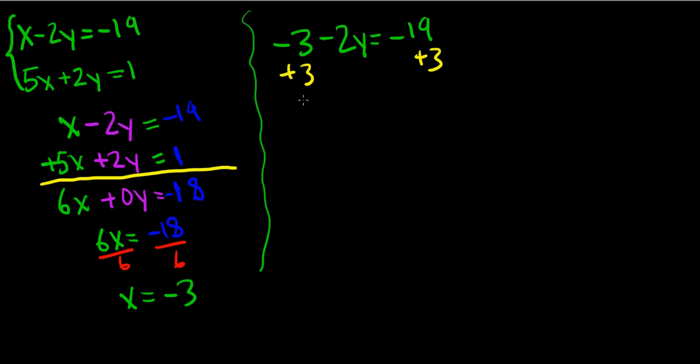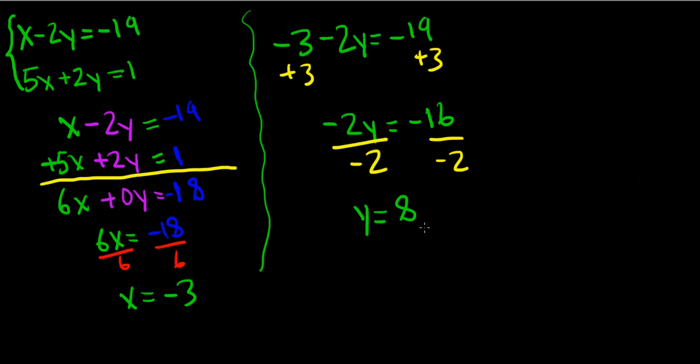When we add 3 to both sides, we're left with negative 2y equals negative 16. Then, in order to finally isolate the y, we have to divide both sides by negative 2. Dividing the left by negative 2 gives us a positive 1y equals 8. So our solution, the ordered pair, would be negative 3, 8.